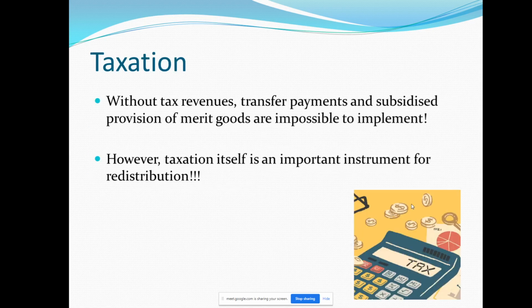That's why we are going to talk about taxation as the last method for redistribution of income.